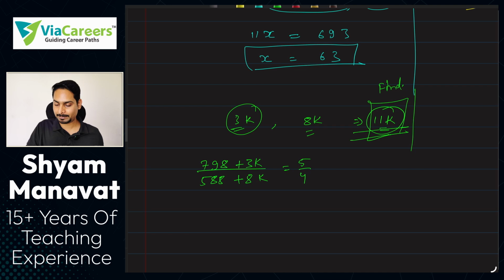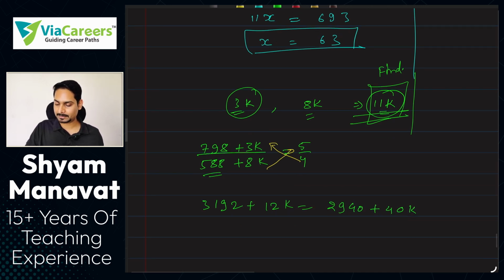So let's cross multiply. What do we get? 4 multiplied by (798 plus 3k). What you get here is 3192 plus 12k, and if you multiply 5 by 588 you get 2940 plus 40k.